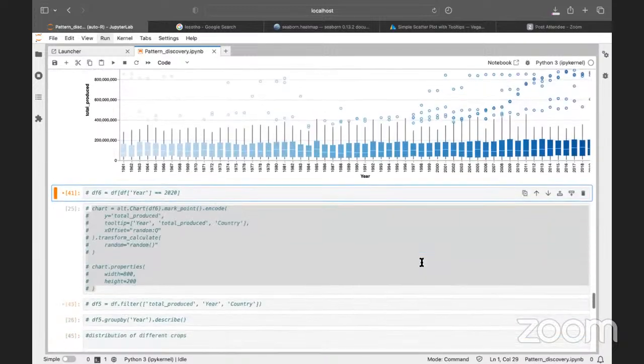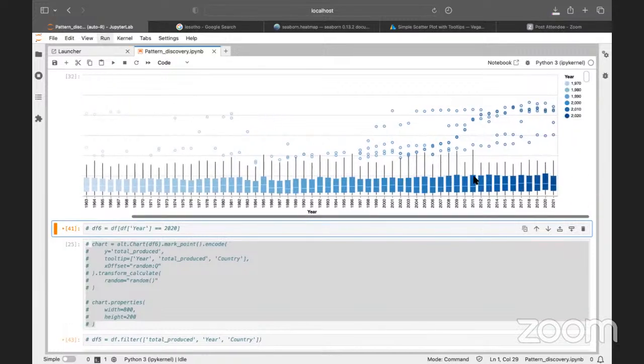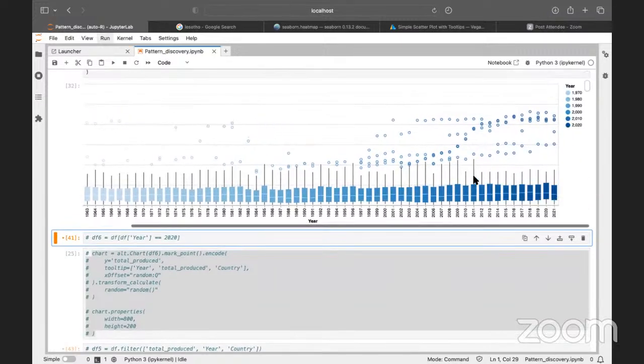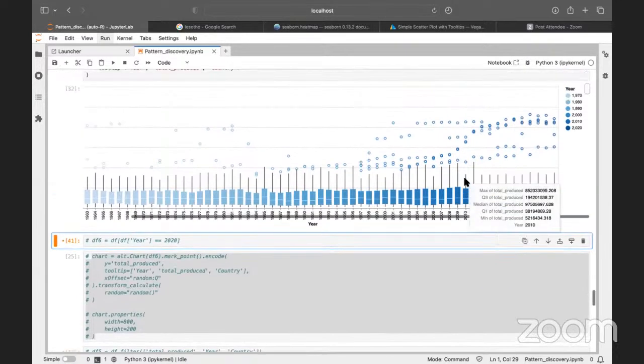Another thing that we can do, having gotten this display of the box plots, is try to understand, okay, we know the outliers, but what are the countries that fall within this region? That's something you might want to know. You might want to know which countries fall below the median or above the median. So we can pick a year.